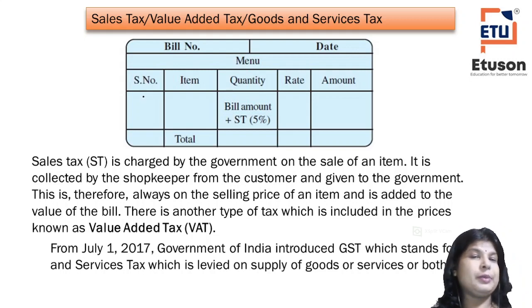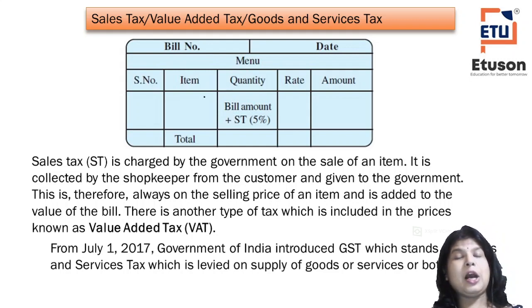In the item column there will be a description of the item. Then the quantity, whether 1 or 2, will be specified here. The rate will be specified here and the amount will be specified here.